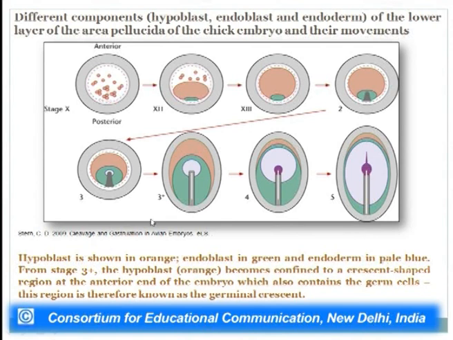From stage 3 plus, the hypoblast becomes confined to a crescent shaped region at the anterior end of the embryo, which also contains the germ cells. This region is therefore called the germinal crescent. So you can see this is the germinal crescent, and this green secondary hypoblast area will be displaced by this developing endodermal layer. So this is how the endodermal layer is formed.